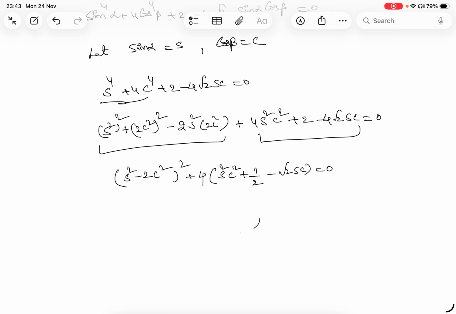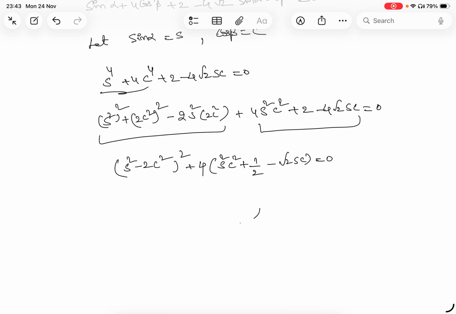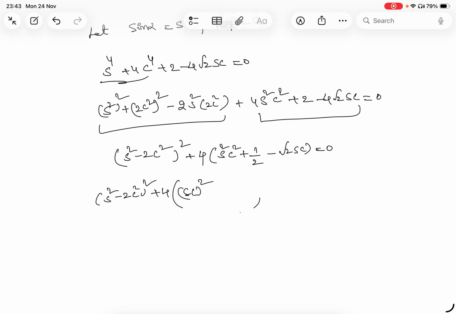Now just write it down. (S² − 2C²)² plus 4 into, now S²C² can be written as (SC) whole square, right? Then this 1 by 2 can be written as (1/√2) whole square, and the 2 into SC into 1 by √2.